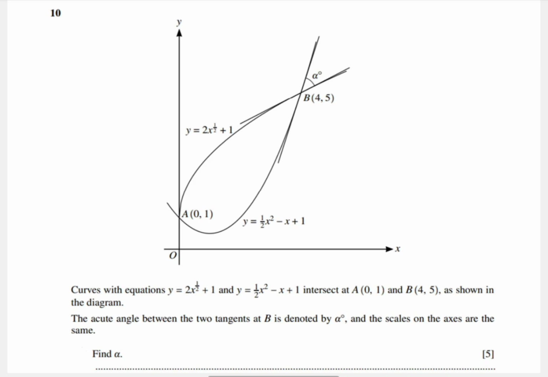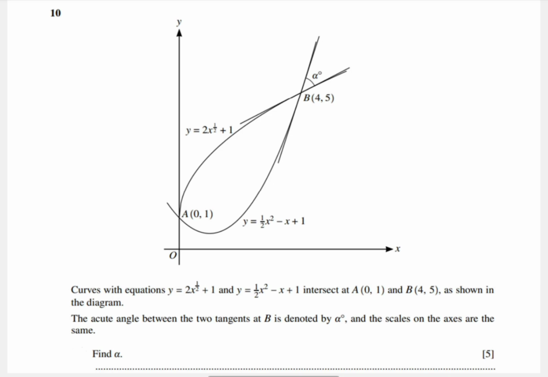And it reads: curves with equations y equals 2x to the half plus 1 and y equals half x squared minus x plus 1 intersect at A, which is at (0, 1), and B, which is at (4, 5), as shown in the diagram. A is over here and B is right here.